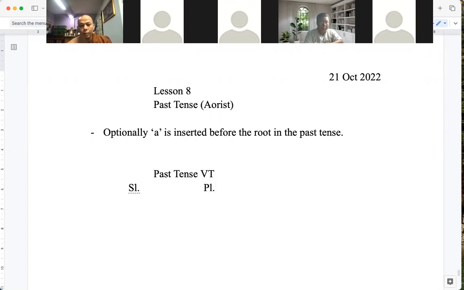Singular and plural. The third person singular is ī, and the plural is ū. Another form is aṃsu. The aṃsu is not included in the Pāḷi Primer, but we should know it. Later we will see the form.